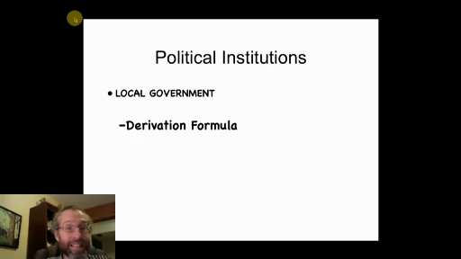In fact, it's so specific that the federal government in Abuja is simply deciding specifically how much goes to each governor.